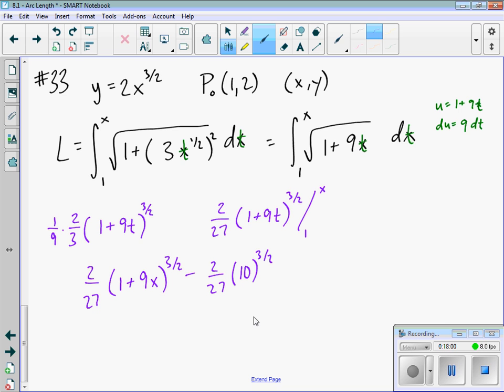You pull a 2 27ths out, obviously. This isn't going to clean up super nice, but they might write it a different way. Yeah, so the book ends up with a 2 27ths pulled out front, and then they left the 1 plus 9x to the 3/2 because that doesn't really clean up. And then 10 to the 3/2 is 10 times the square root of 10, which is how they wrote it, same thing.